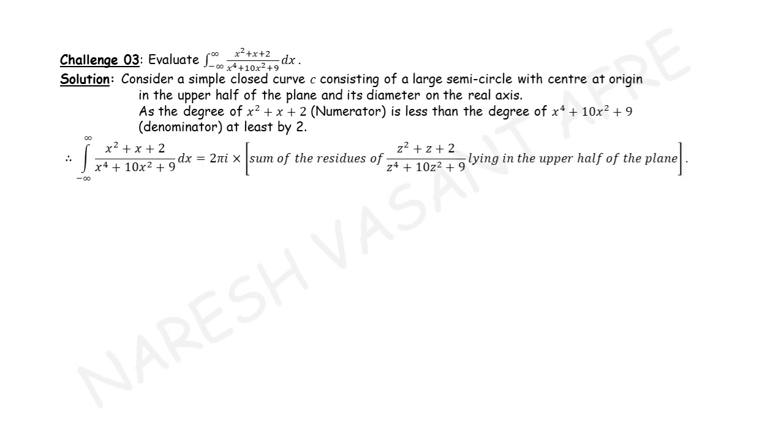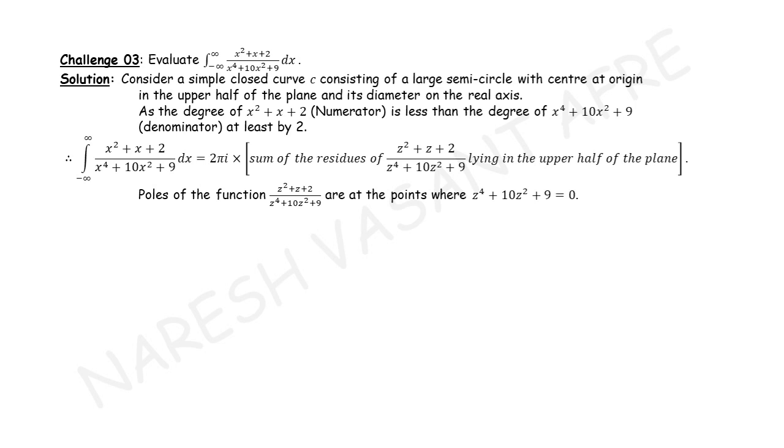So this integral is equal to 2 pi i into the sum of residues of (z squared plus z plus 2) divided by (z to the power 4 plus 10 z squared plus 9) lying in the upper half of the plane. Now the poles of the function are at the points where the denominator becomes 0.